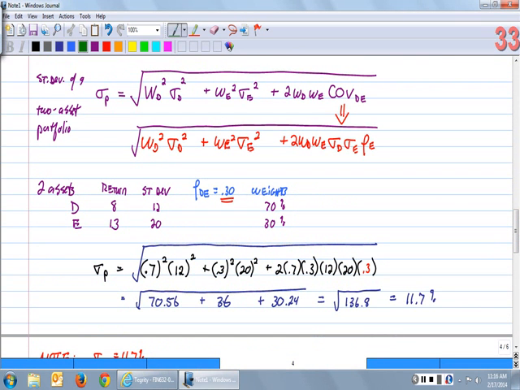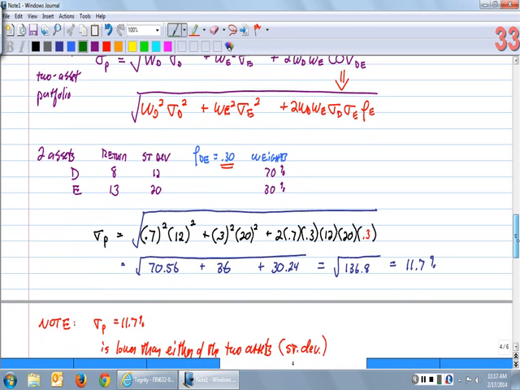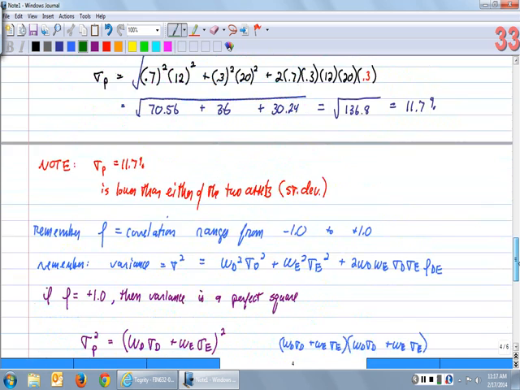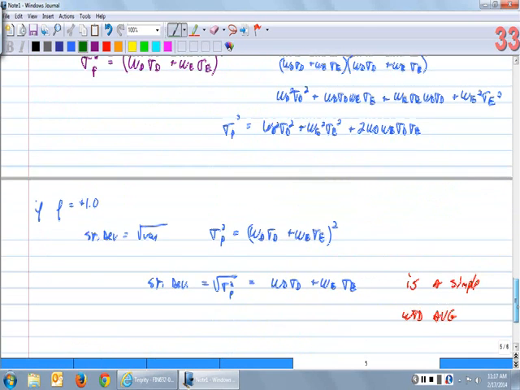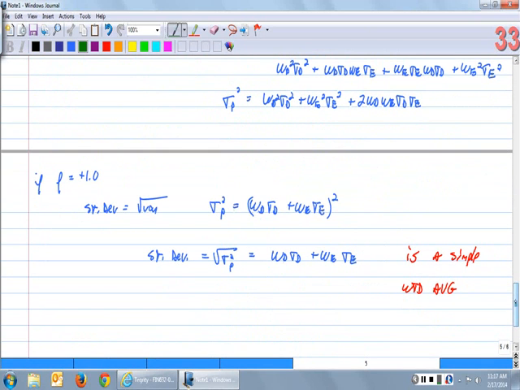deviation of a portfolio. But what we've just shown is, if we could find two assets that have a perfect positive correlation, which is correlation of positive 1, then the standard deviation is actually a simple weighted average.